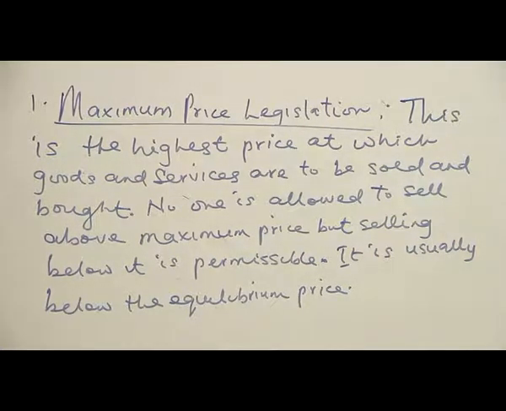When we demonstrate it using equilibrium, they usually fix the maximum price below the equilibrium price. So in a nutshell, maximum price control is put in place in order to protect consumers against the exploitative attitude of sellers and producers, and also to check inflation in an economy.